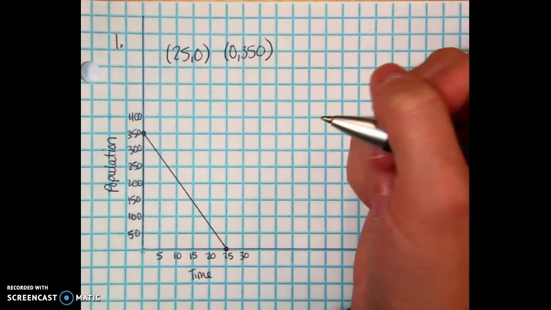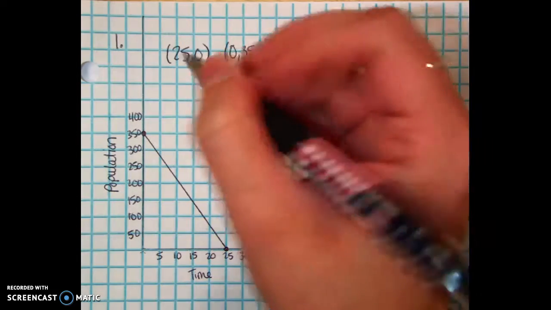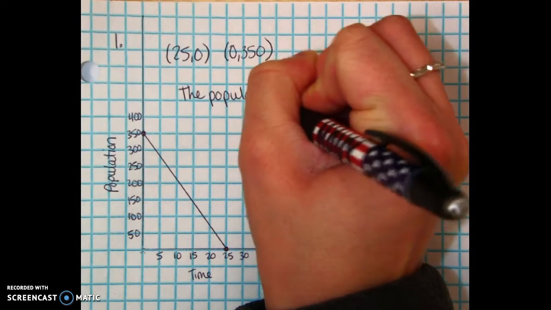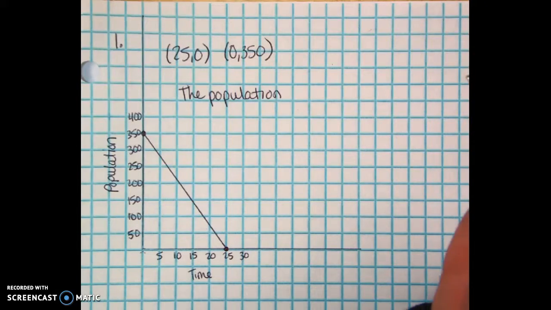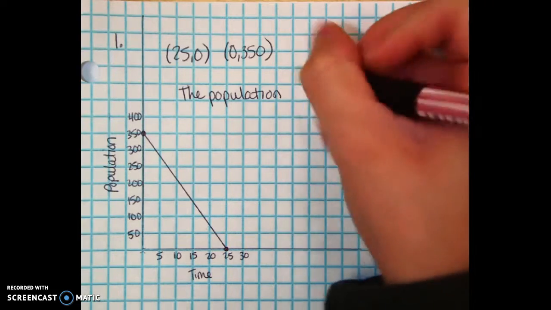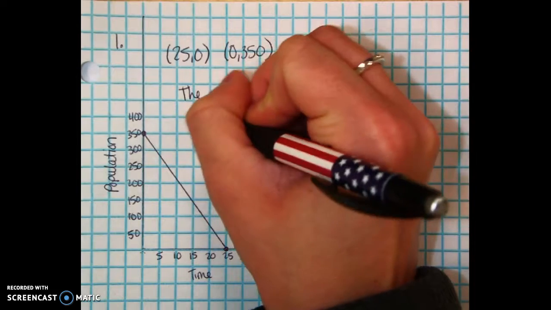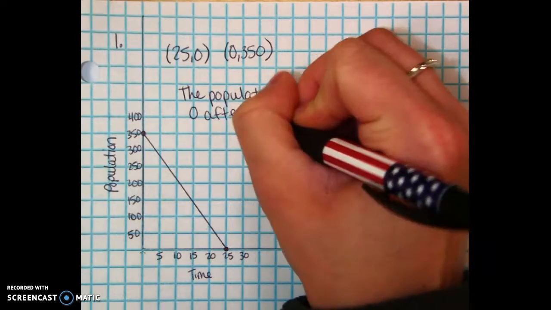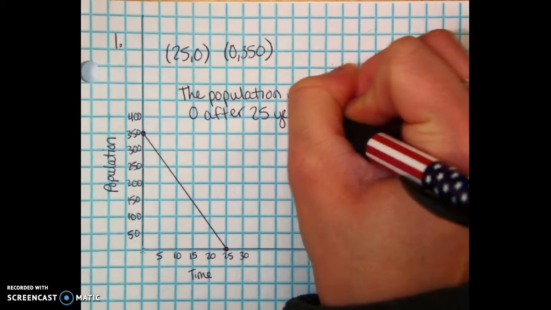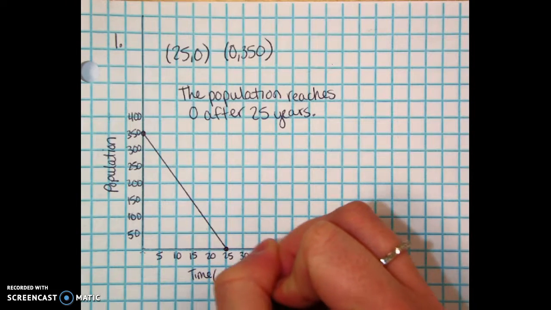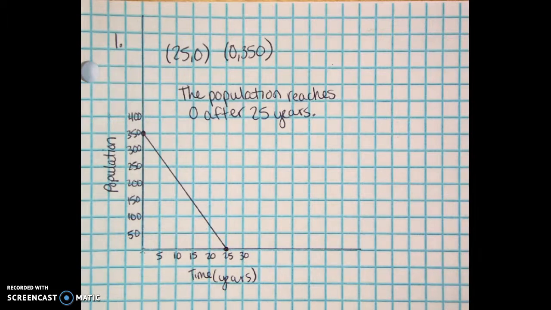So the answer here, the population reaches 0 after 25 years. This was in years. Okay, so that's what you're going to be doing today.